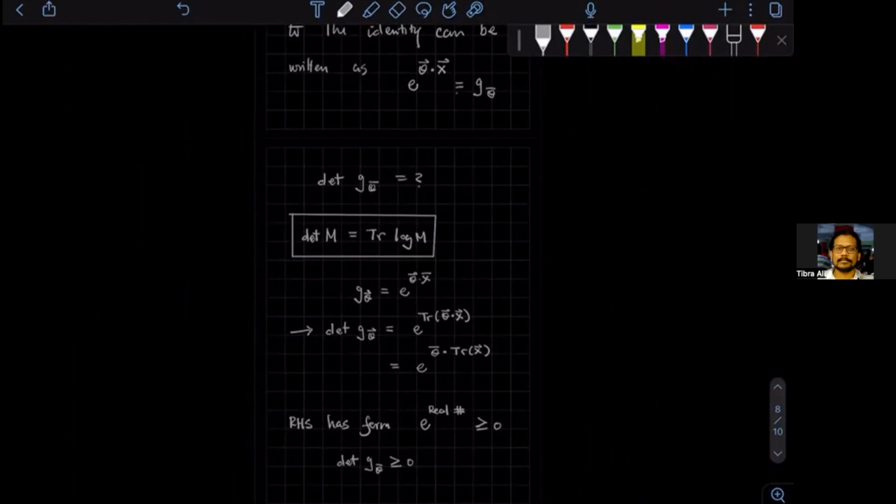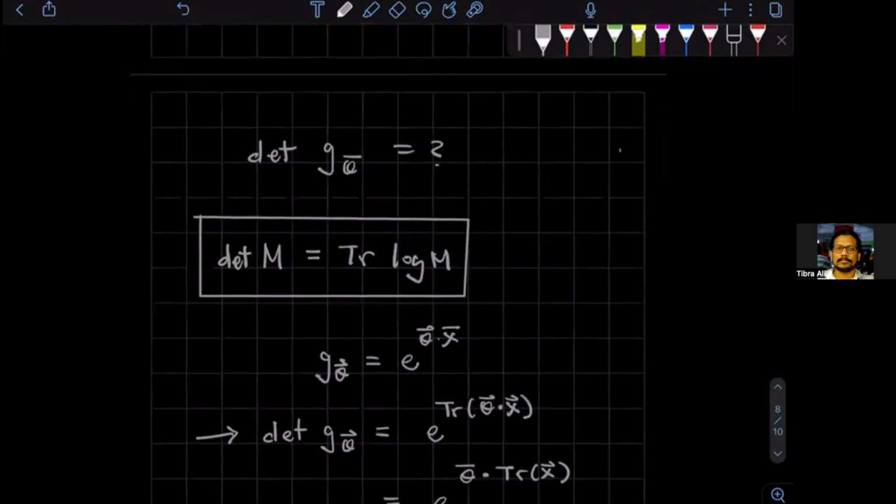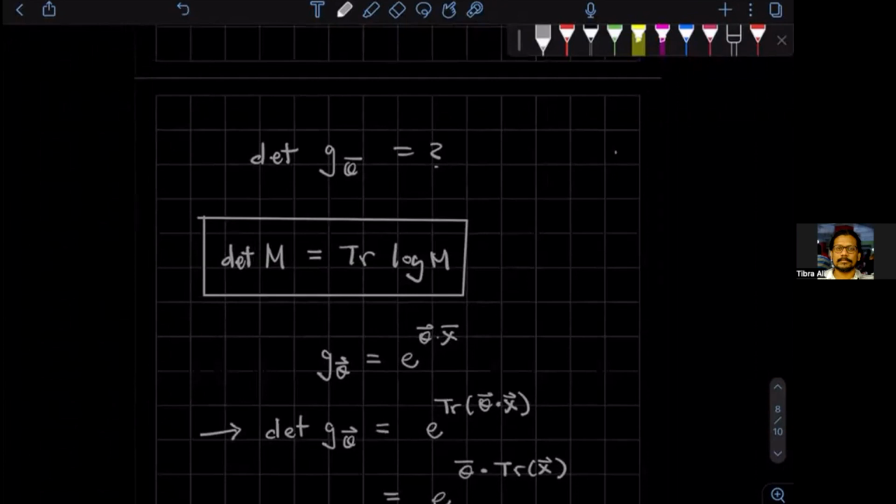Oh, yeah. Okay. Sorry, yeah. Log of determinant of m equals trace of log m. Yeah, you're right.